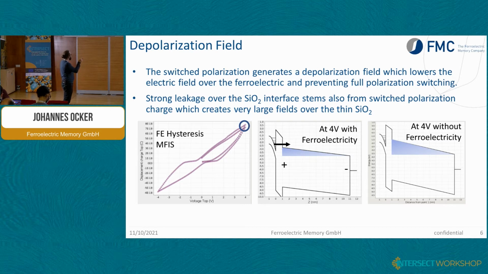And you can see that with ferroelectricity, with these dipoles switched, the field over this transistor would be much lower than if you don't have any ferroelectricity. And this is this depolarization field that makes it impossible to fully switch the ferroelectric.